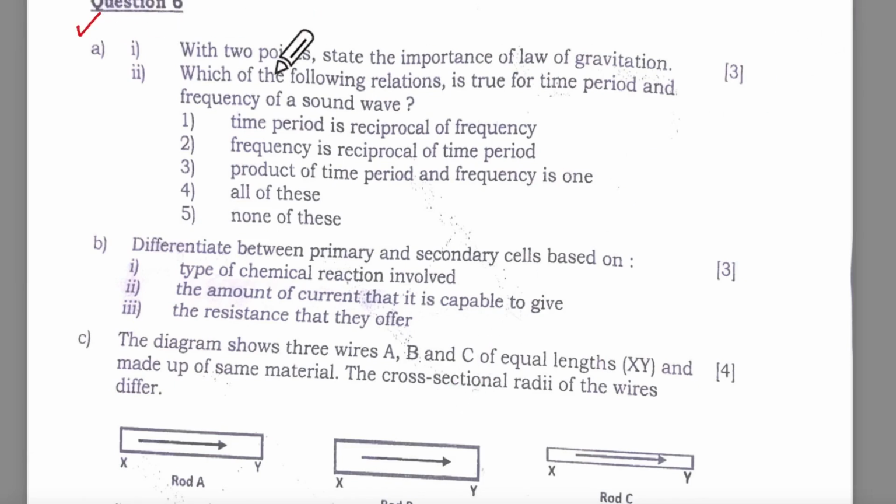We come to question 6. 2 points, state the importance of law of gravitation. So question number 6, importance of law of gravitation. Which page is it on? Quickly tell me.